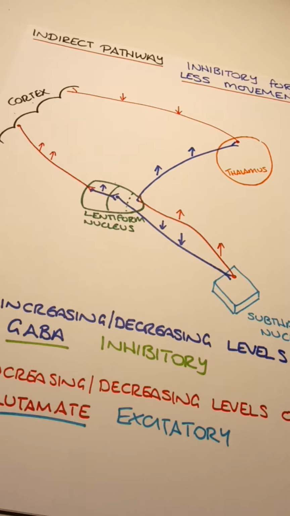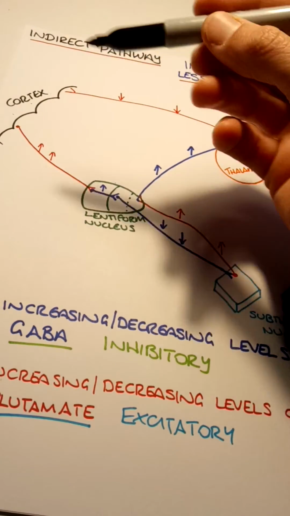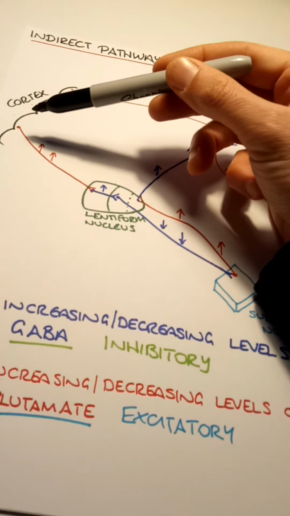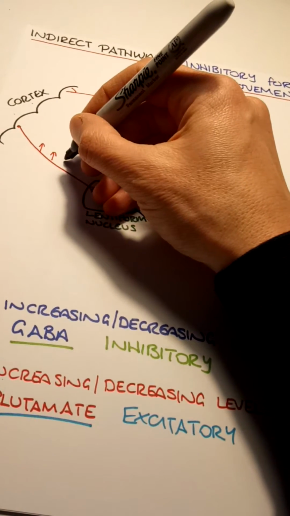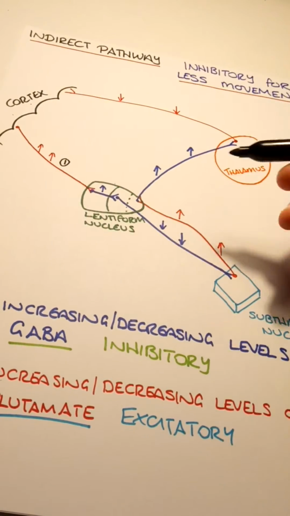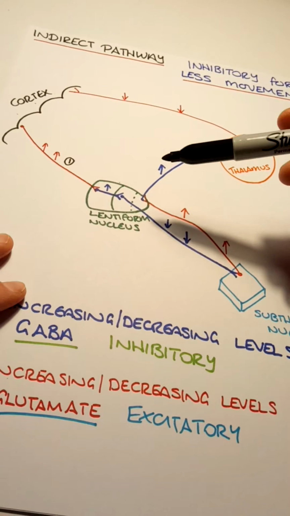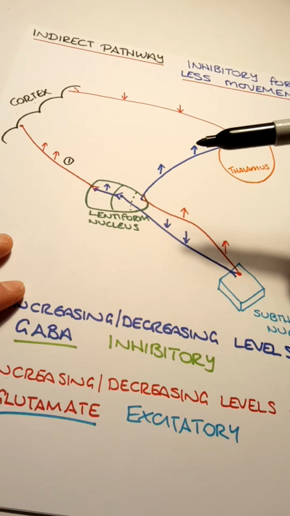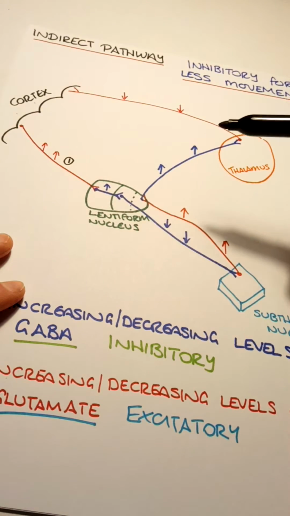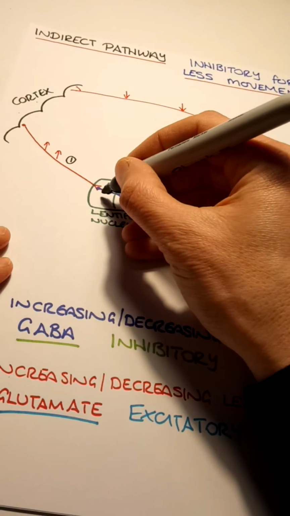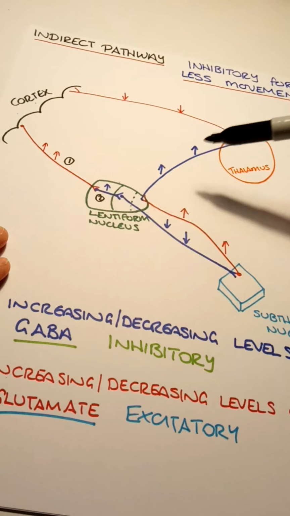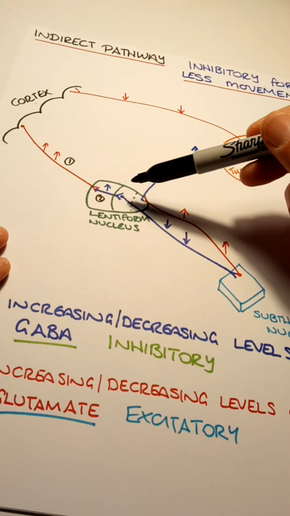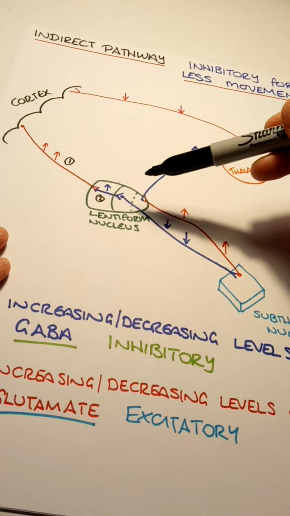So we'll run through it again. We have excitatory signals from the cortex going to the putamen of the lentiform nucleus. That stimulates increased levels of GABA. Then we synapse again at the globus pallidus externus.